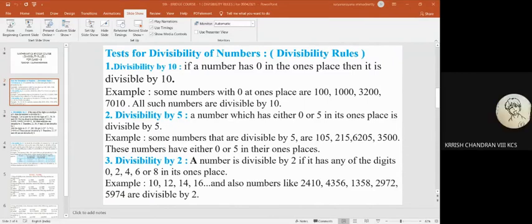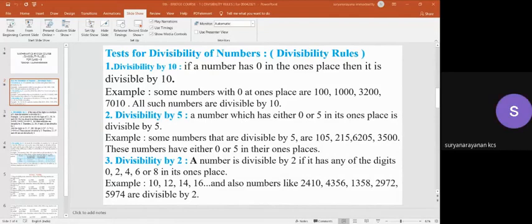Sir, please repeat the question. 723. Sir, we can't divide by 10. It is not divisible by 10. Why, Krish, tell me why this number is not divisible by 10?